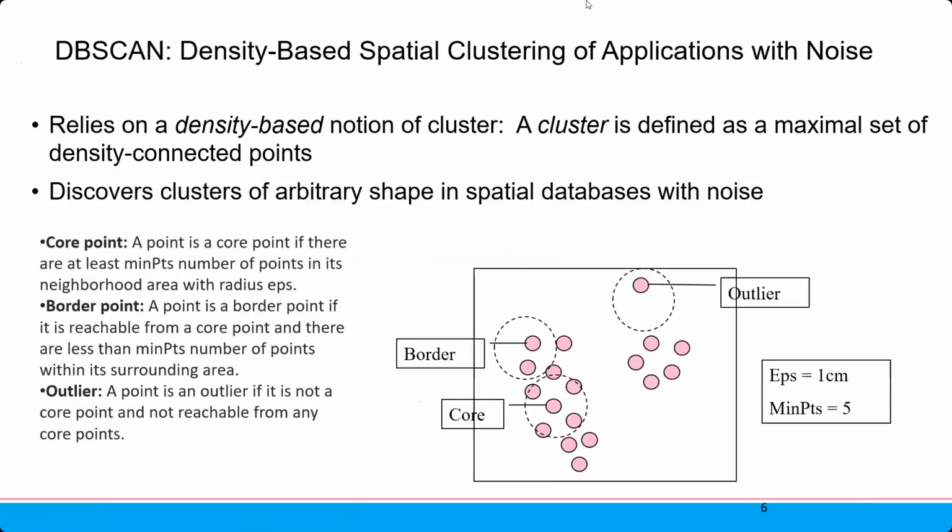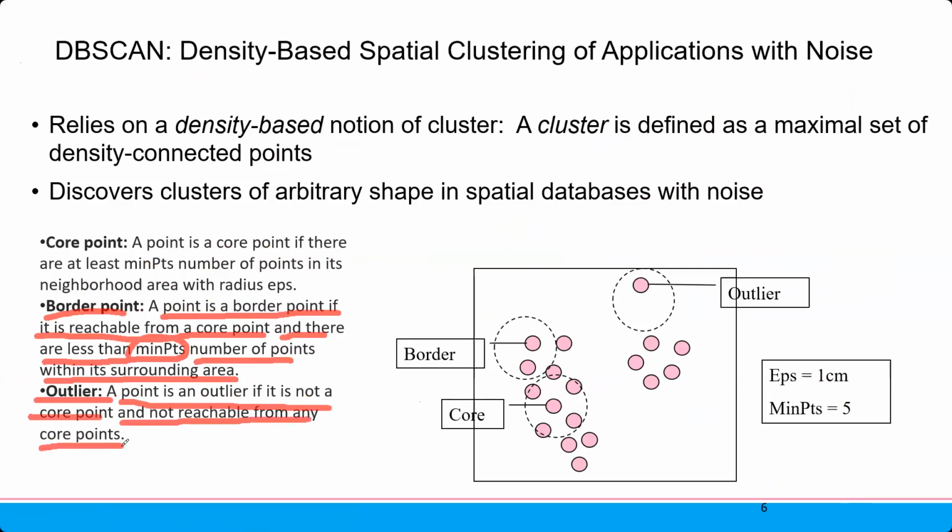A border point is reachable from a core point and has fewer than the minimum number of points within its surrounding area. And the last one is the outlier. A point is an outlier if it is not a core point and not reachable from any core point.